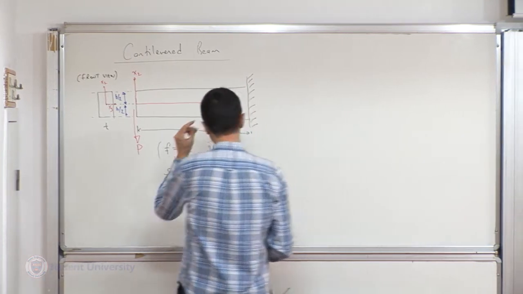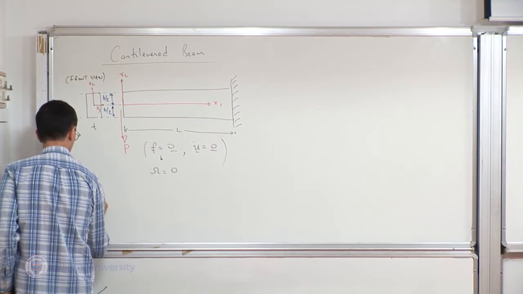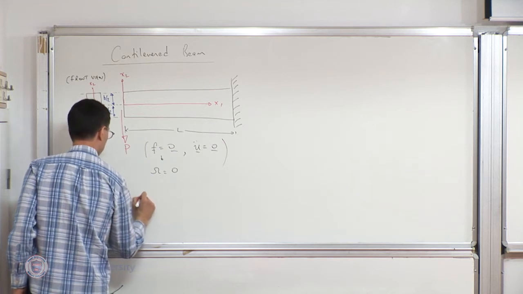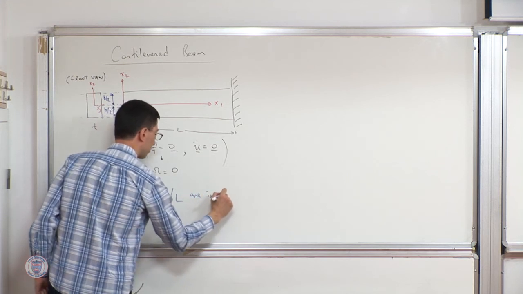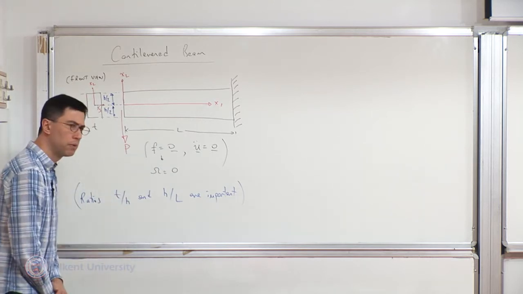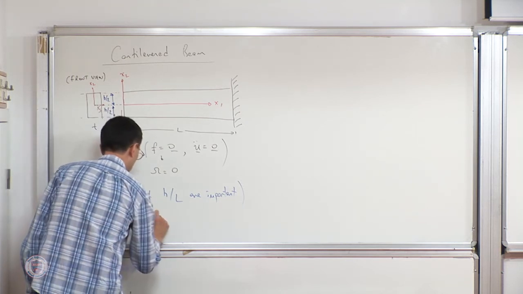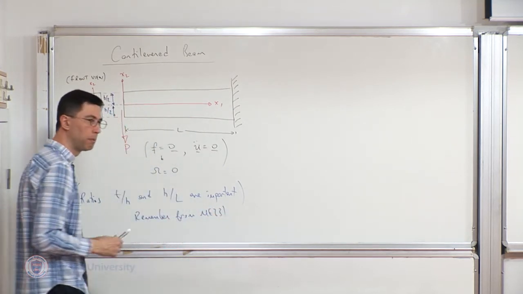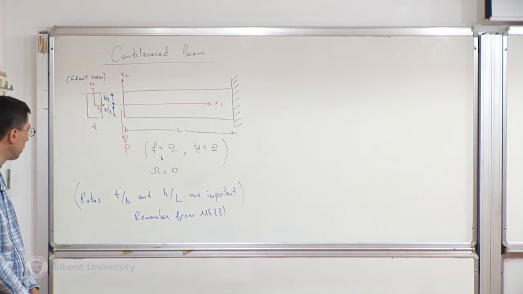So one thing I'd like to comment on at this point is that the ratios t over h and h over L are important. This is something you should remember from ME 231, because this is a fundamental problem that we analyzed in 231, bending problems, bending stresses.